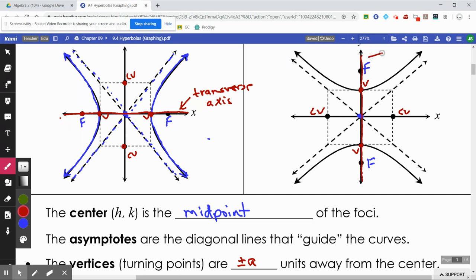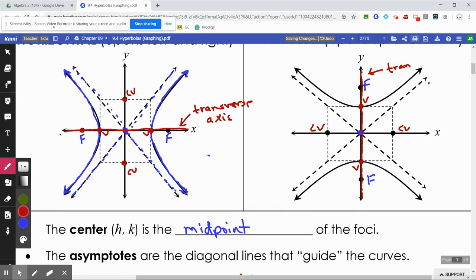So here you see the transverse axis for the vertical hyperbolas. But again, the transverse axis is an axis of symmetry, and you can see it cuts the hyperbola symmetrically. The other axis is called the conjugate axis.